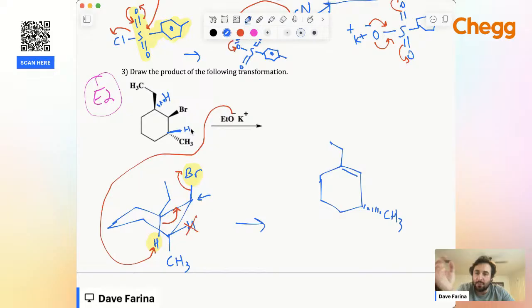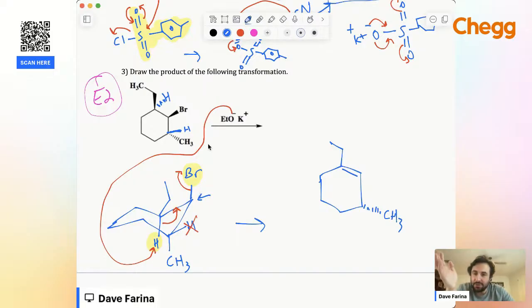So we might have gone that way, but that would have been wrong. We will get none of that product. So this is not even about a distribution. This is not about regioselectivity, one more than the other. We will get none of the product with this proton being extracted. It's not going to go because there's no way to get that proton anti-periplanar to the leaving group. So we cannot form the pi bond there.